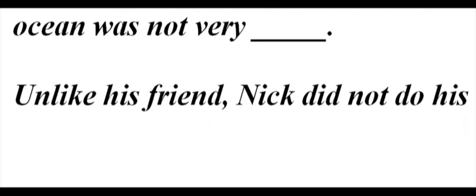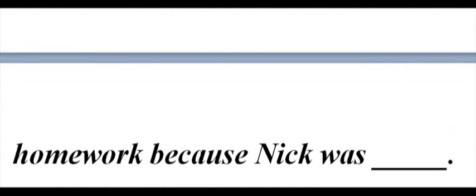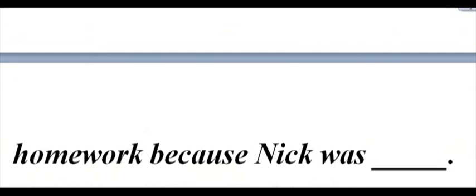Unlike his friend, Nick did not do his homework because Nick was blank. So we have the word unlike, we have the subject Nick, and we have the subject friend. So we have unlike, which is tying somehow Nick and friend together.